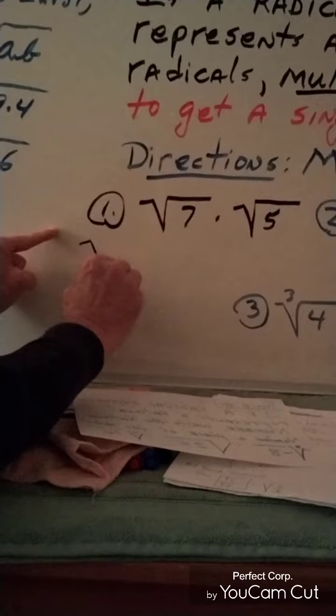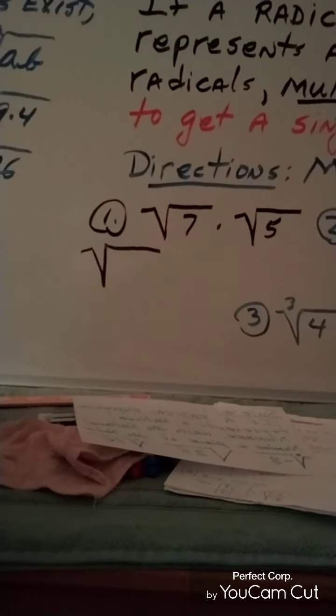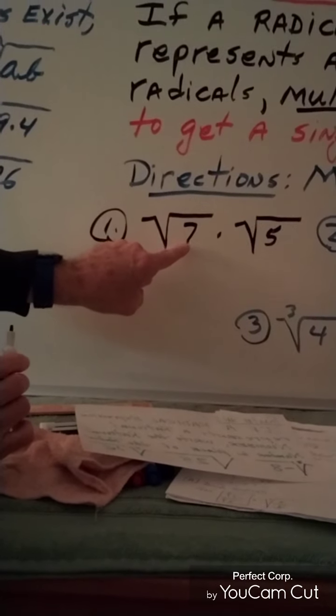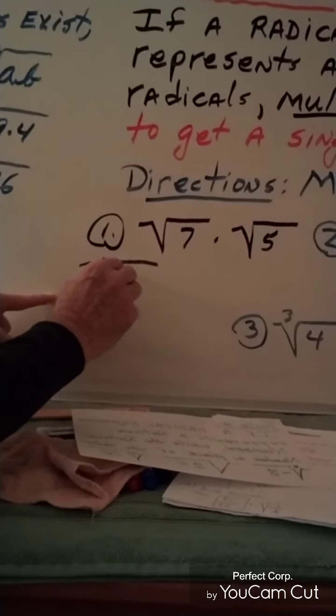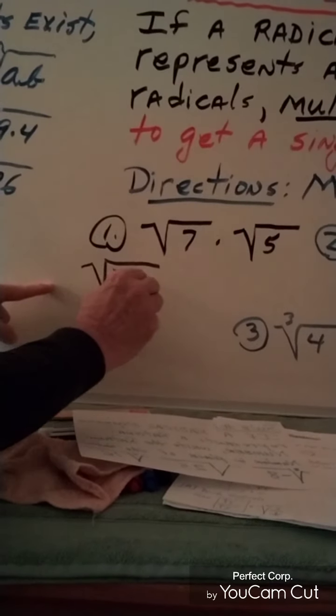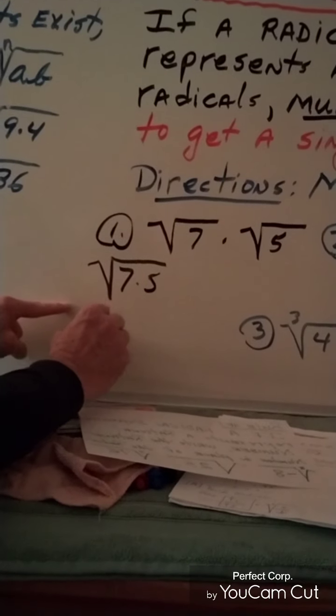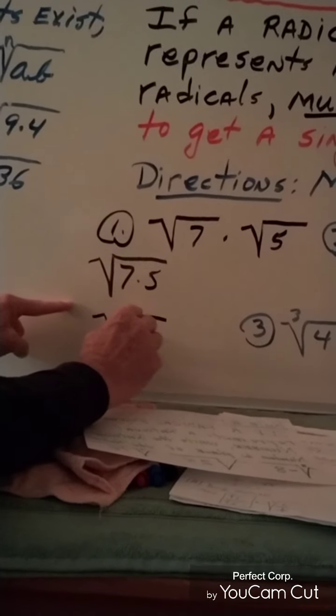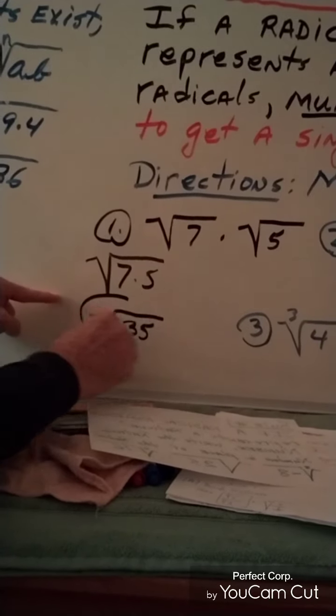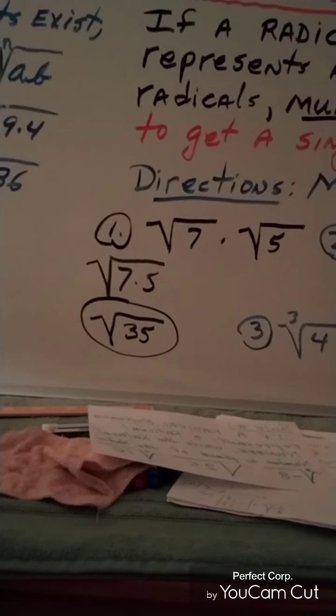You make one radical sign to begin off, and we're going to take radicand number 1, and we're going to multiply it by radicand number 2, house it underneath 1, then literally multiply, and your answer is the radical of 35.